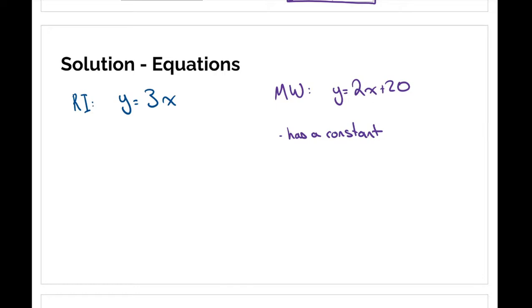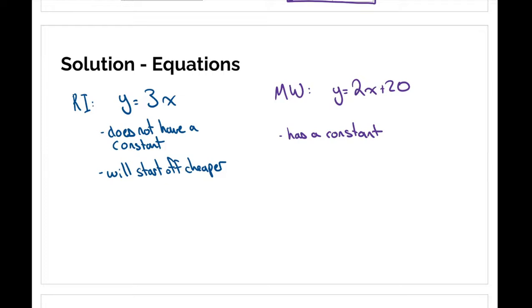Looking at Radical Island, we would say it does not have a constant. So because Radical Island does not have a constant, right off the bat, it's going to be cheaper. Because it doesn't have a constant, it will have to start off cheaper compared to Mathematical World.